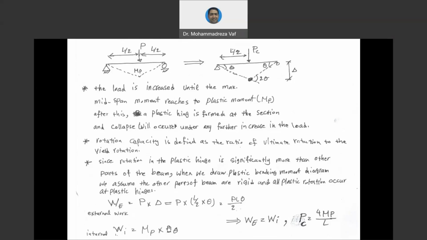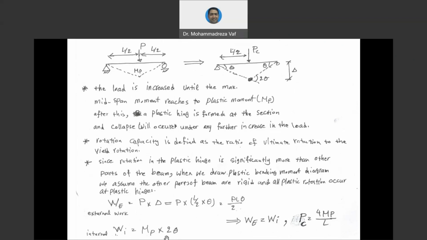So this is what you see here, MP multiplied by 2 theta. As I said, according to the kinematic approach, external work should equal internal work. Otherwise, the beam cannot stand in the steady condition. Therefore, we can write down that internal work equals external work.